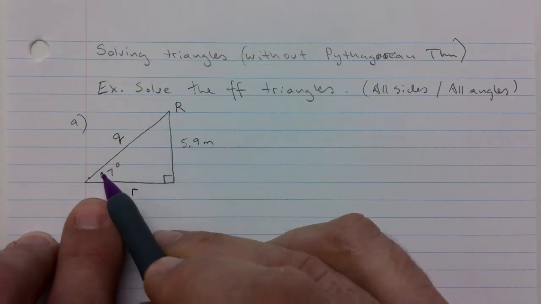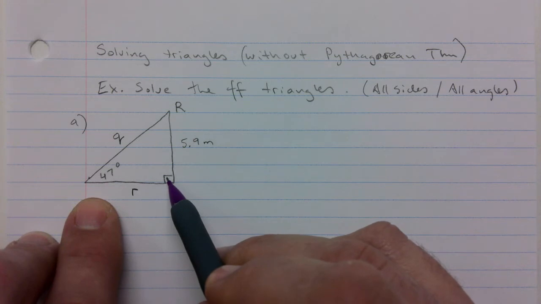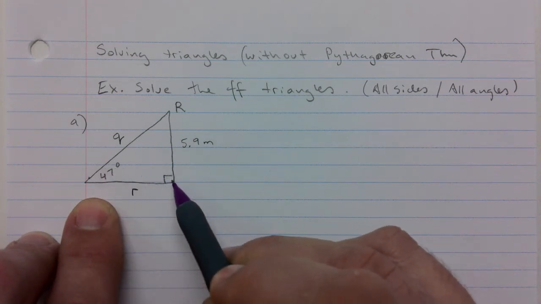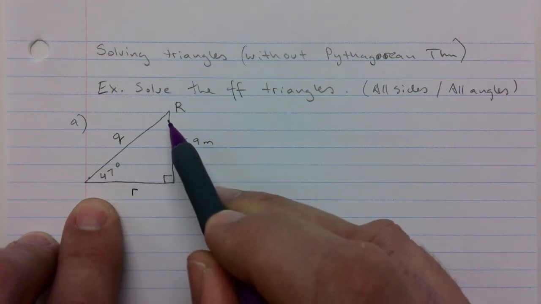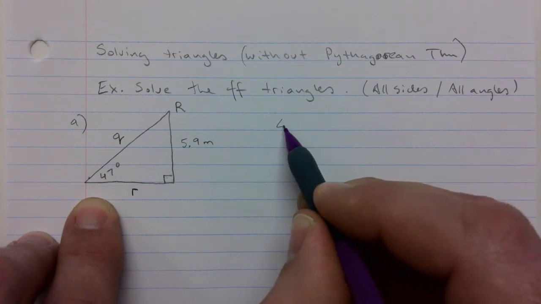The easiest thing to do first here, because you have two angles, right? Two angles are given already. So you need to find the third. So this is easy to do.